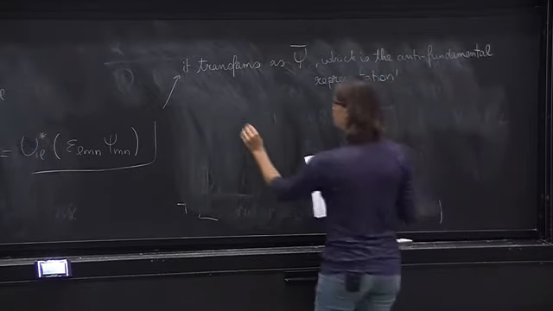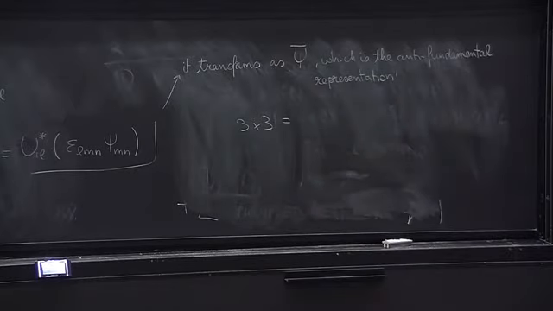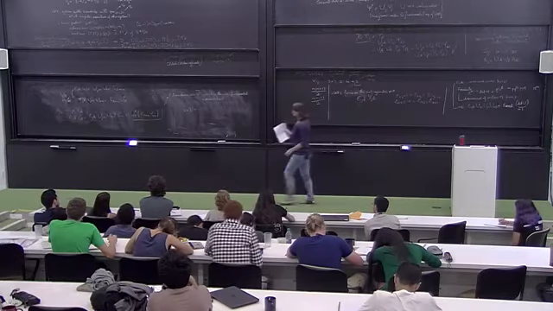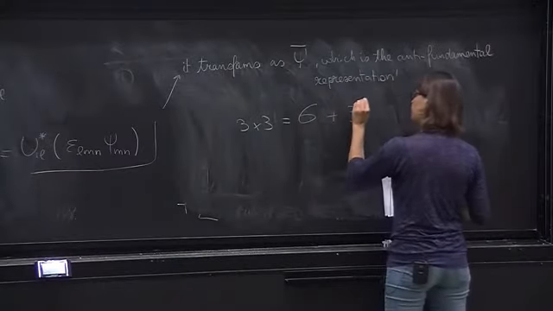So in fact, this strange equation that you add here, 3 times 3 is equal to 6 plus 3, in fact, should be written even like this.